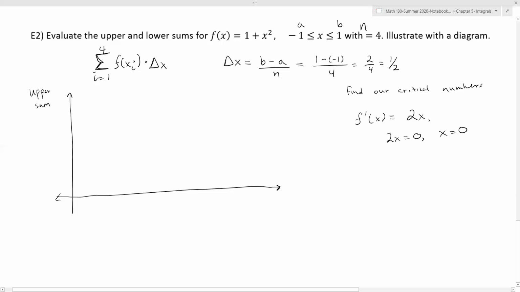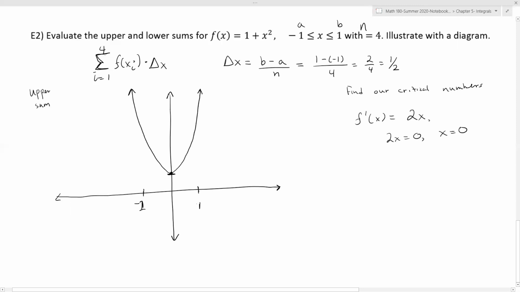Now, I should change this up a little bit and make it right in the middle. Here's 1 plus x squared, better known as x squared plus 1, which looks like that. We'll start at -1, and here's 1. So those are n values.